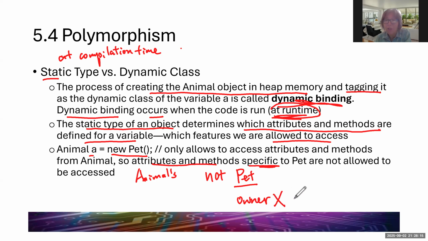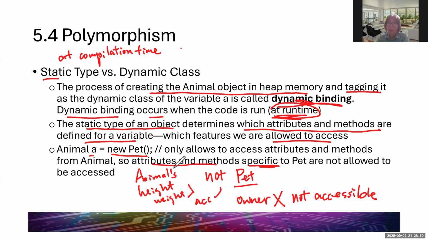They are not accessible. But height and weight are accessible. So be careful, even though here you do the dynamic binding, the attributes and methods are still determined by the static type instead of the dynamic class. Keep this in mind. This is a very important point.